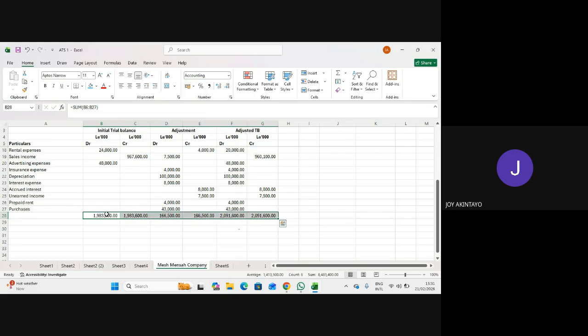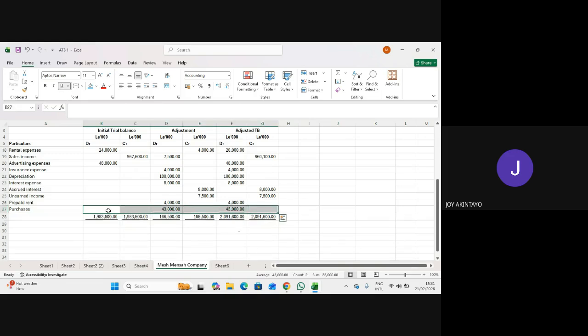Whenever we want to prepare our statement of financial position, we need our inventory at the end of the period when we want to prepare our financial statements, which include the statement of profit or loss and other comprehensive income, and then also the statement of financial position.